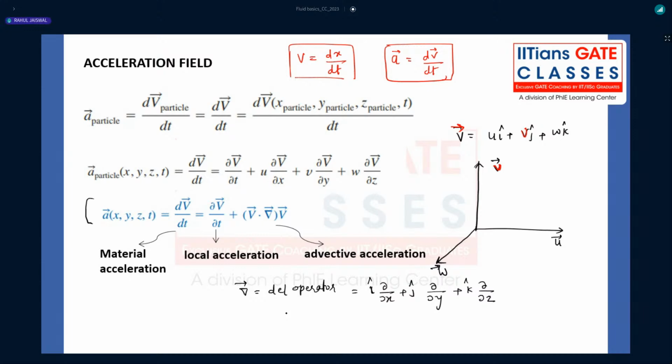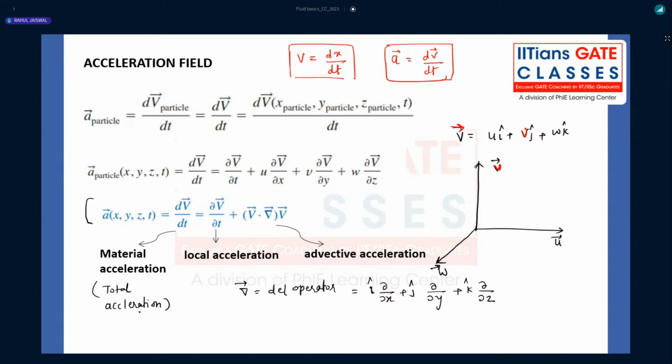My dear friend, the total acceleration we also call material acceleration. It is divided into two components. One is local acceleration, second will be convective acceleration or advective acceleration, right?